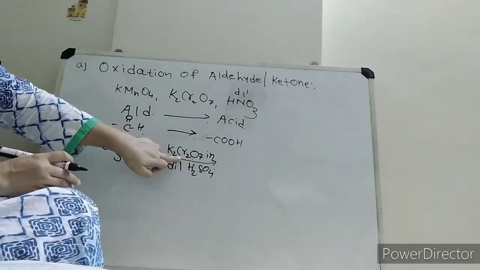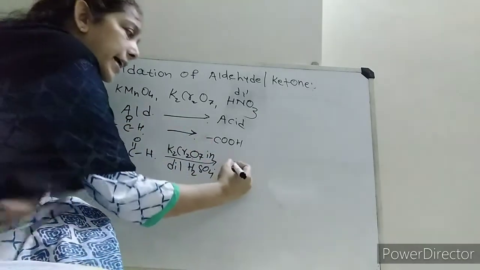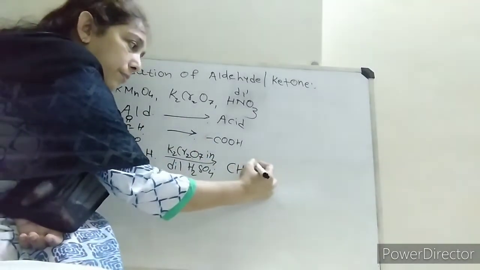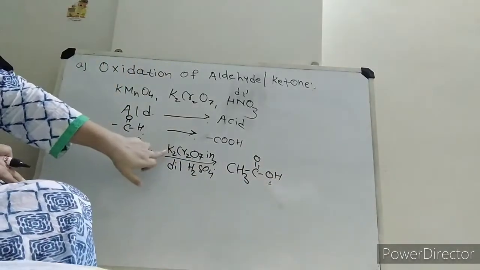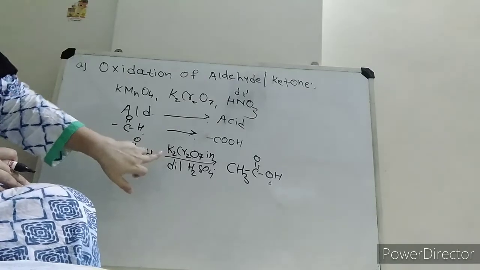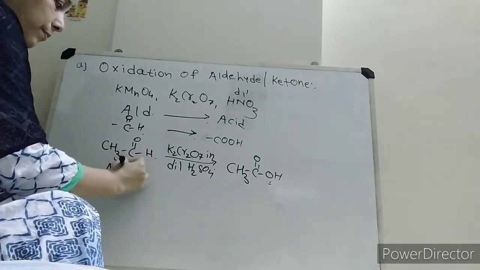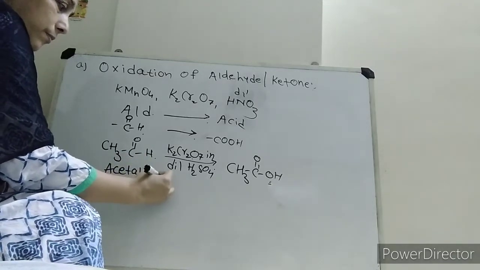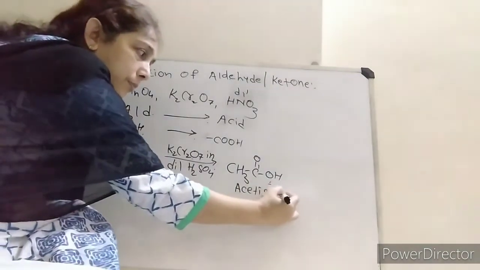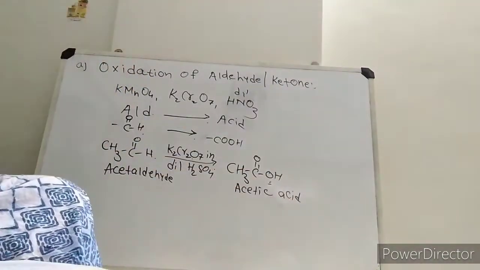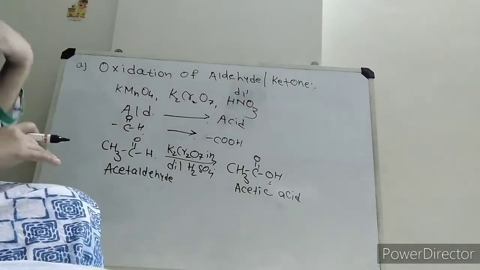This K2Cr2O7 gives the oxygen to this aldehyde. This extra oxygen is supplied from the oxidizing agent. So in this way, acetaldehyde changes to acetic acid.